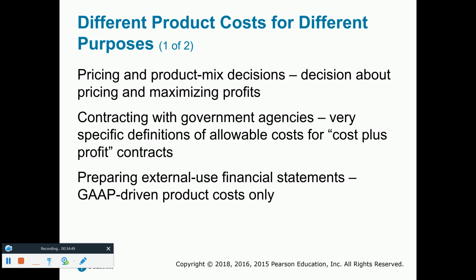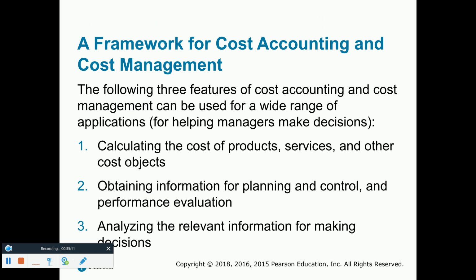Okay? And different product costs for different purposes. We're going to see our product mix. Sometimes we have multiple products going through the assembly line, and we have to analyze and assign costs using our different product mixes. We can come up with different ways to do so. So be very careful with that.